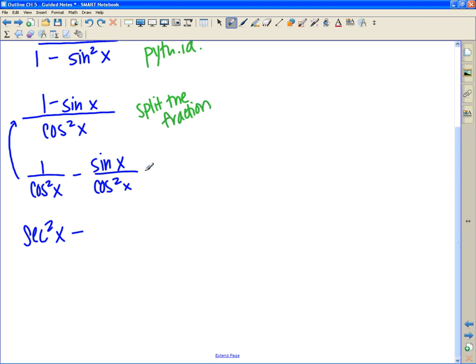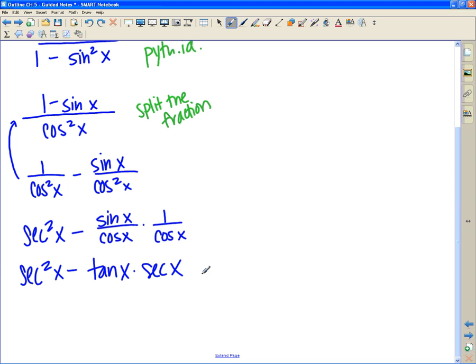We have a sine over a cosine squared. So we might want to think of that as sine over cosine times 1 over cosine. Therefore, we're getting rid of those fractions, hopefully. Secant squared x minus tangent of x times secant of x. That's a perfectly acceptable way to leave that.